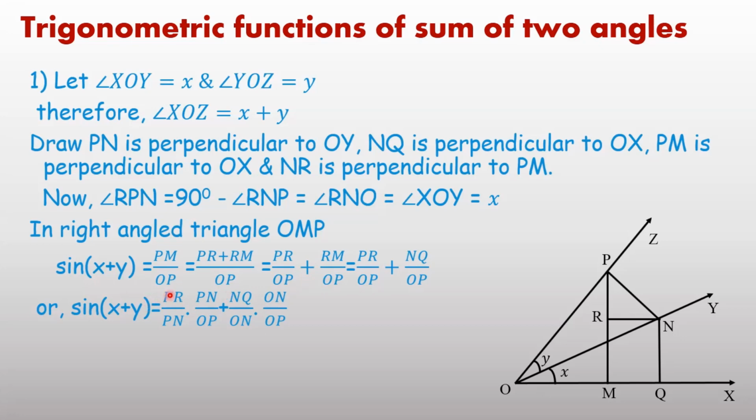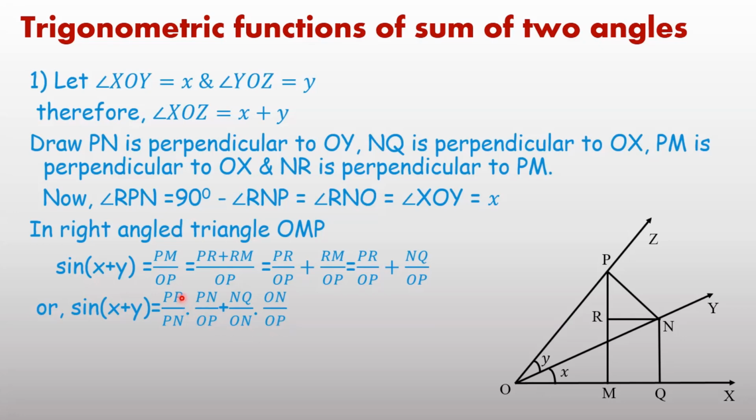PR upon OP we can write as PR upon PN into PN upon OP plus NQ upon OP. NQ is related with triangle NQO, in which hypotenuse is ON. It implies NQ upon OP we can write as NQ upon hypotenuse ON into ON upon OP.